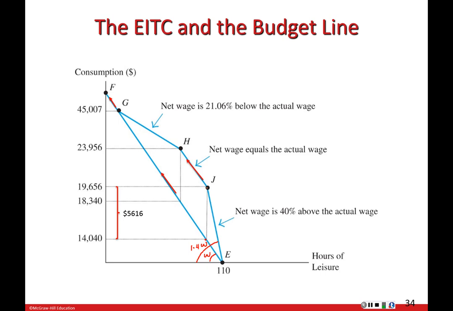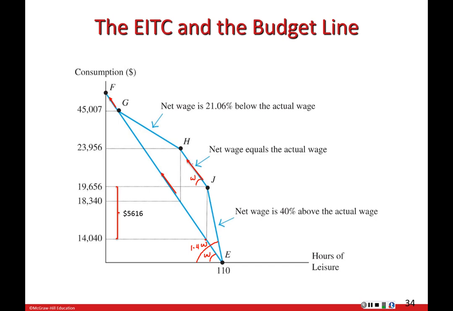Now what happens between earned income of 14,040 and 18,340? In that range, the household essentially keeps the 5,616 earned income tax credit, but gets nothing in addition. Right? So in that range, the slope here is equal to W also.